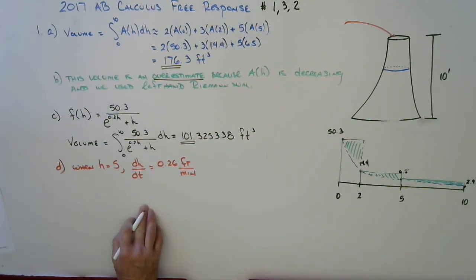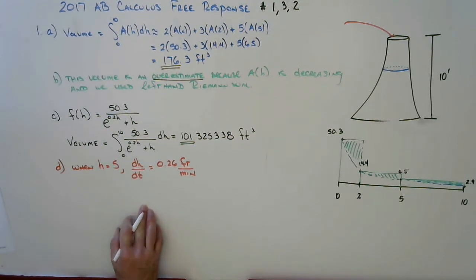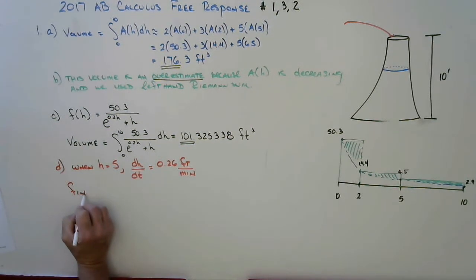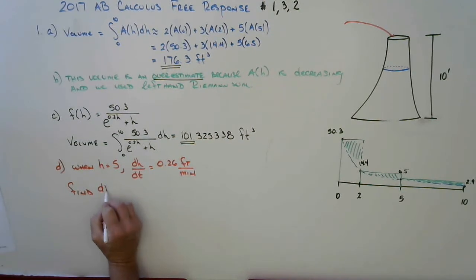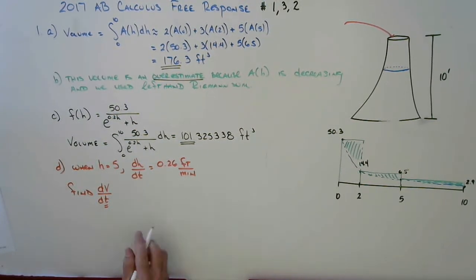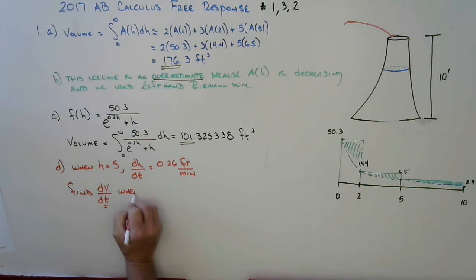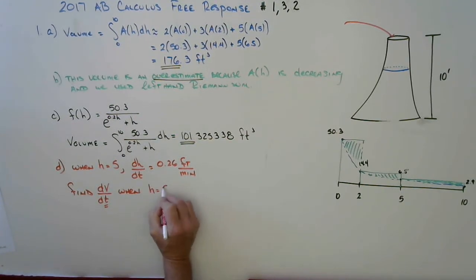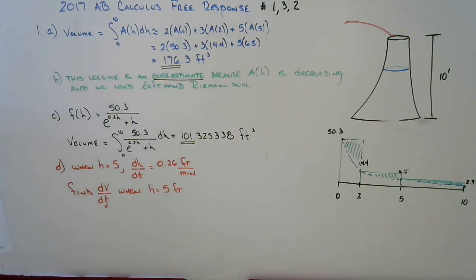The rate means derivative. Using the model from part C, find the rate at which the volume of water is changing. So they want us to find dV/dt, with respect to time, when h equals 5. Okay? So how are we going to do that?